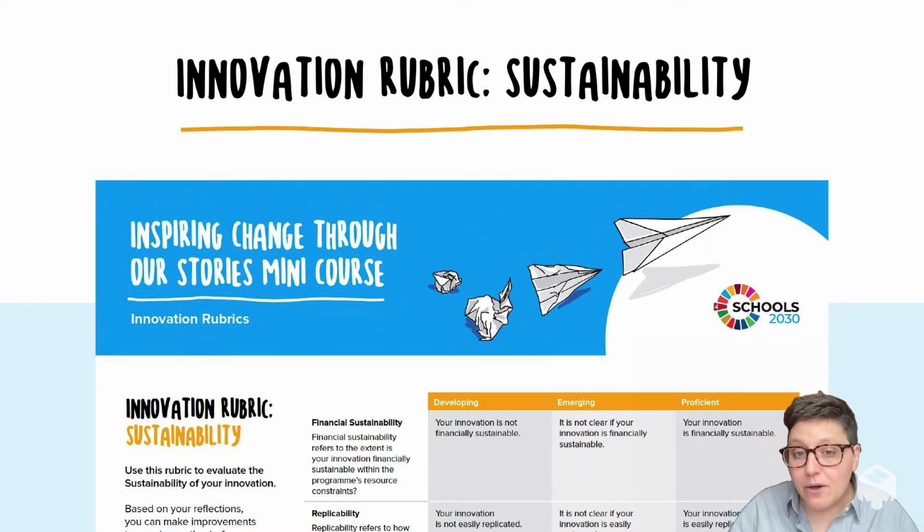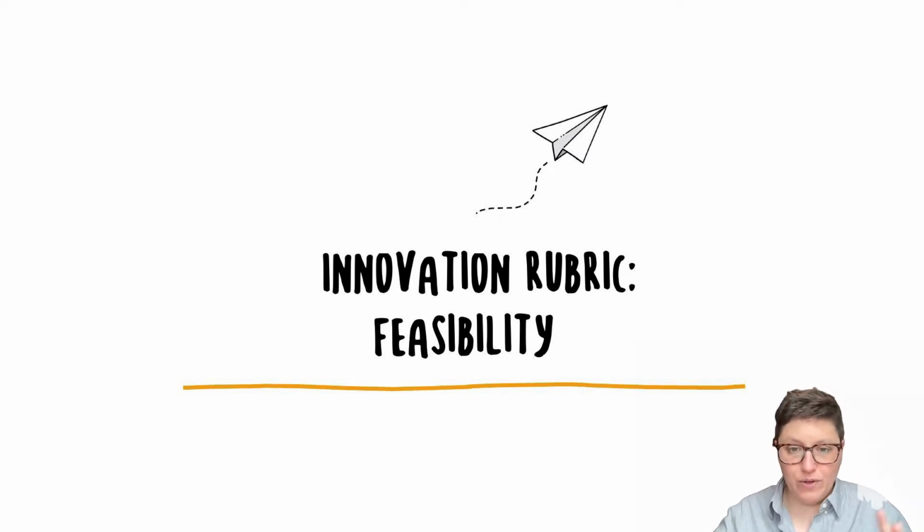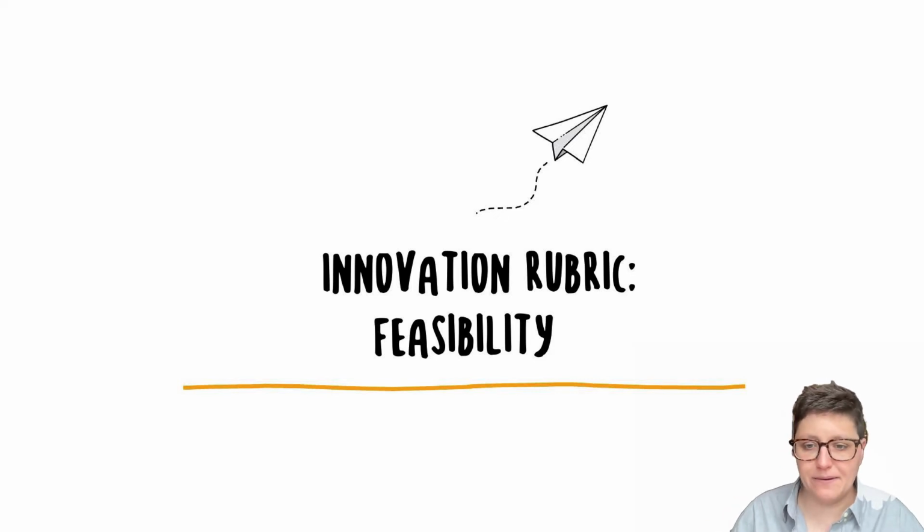Is it replicable? Can you use it again and again? So if you implement your micro innovation, will it be sustainable? And then finally, feasibility. So will this micro innovation fit into the system? And will there be a home for it in your school? Will you be able to actually implement it?